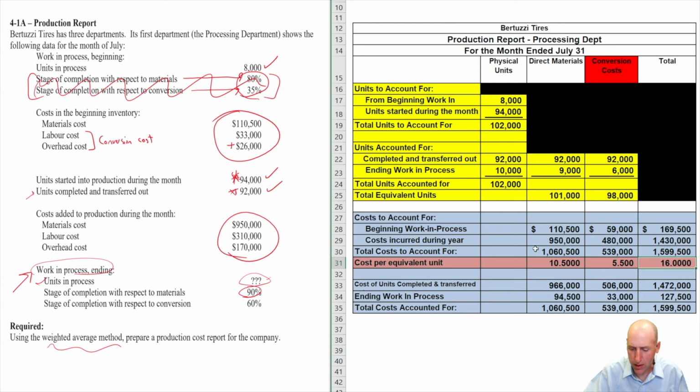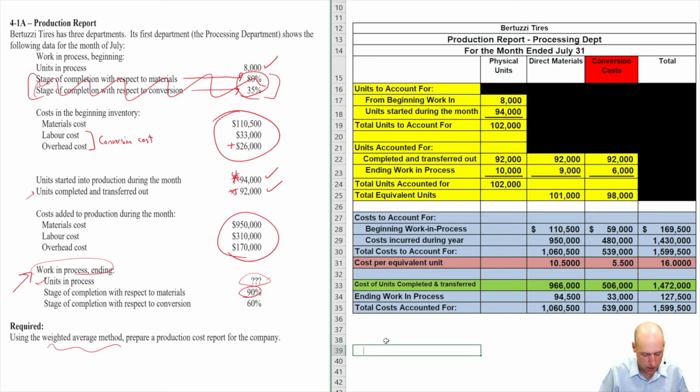The other thing that this report serves is actually journal entries. This helps us do accounting. So this row right here, let me just find a different color, maybe green. There's a green highlighted row, will serve a journal entry. And the journal entry is to say, okay, well, I completed some units from my processing department. I transferred them into the next department in the line.